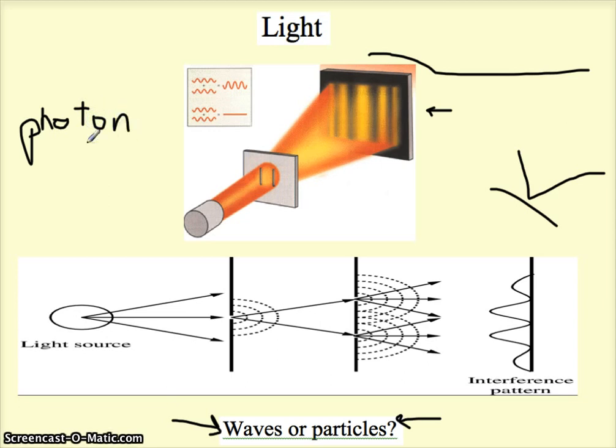Now, a photon is considered a particle, but it's considered a particle without any mass. If a light shines on your hand, that does not add to the weight of your hand. It does not have any mass. But scientists who are of this train of thought think that photons are particles.